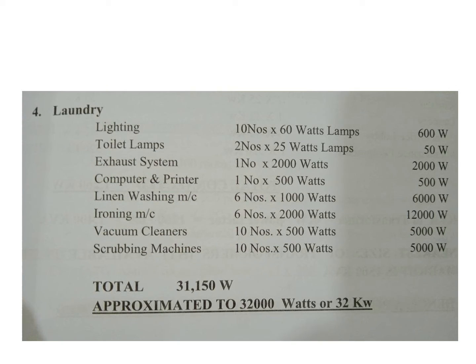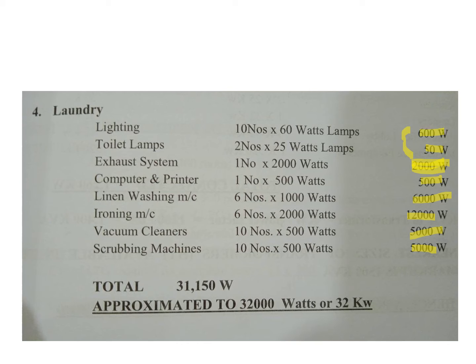Laundry has a lot of machines over there, you see. So all these are pretty much power guzzlers. You have scrubbing machines, vacuum cleaner, ironing, linen washing machines; computer printers are a small part. The exhaust system is there because heat and steam are generated, so you have to have an exhaust system over here, and toilet lamps and lighting. As you can see, the lighting is not much.